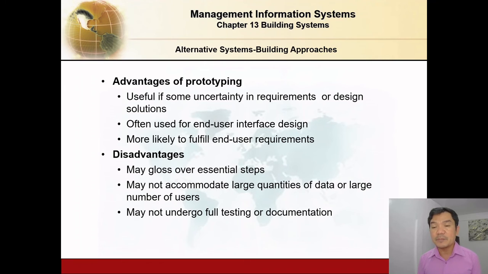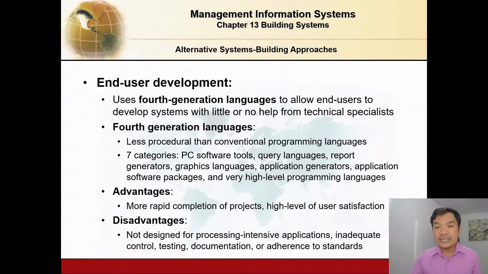So if there are uncertain functionalities or interfaces that the user wants, they are corrected as early as the early development of the system. The disadvantage is that it may gloss over essential steps, may not accommodate large quantities of data or large numbers of users, and may not undergo full testing or documentation, because we focus on small steps of the system that can be implemented and are visible to the user.